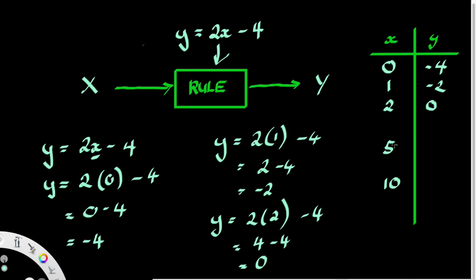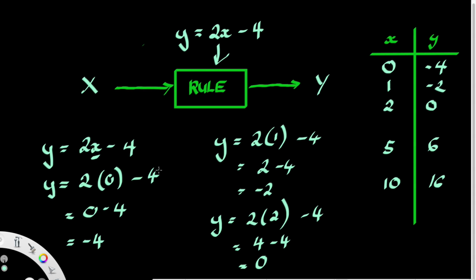We can probably do some of those in our head. When x equals 5, it'll be 2 times 5, which is 10. 10 minus 4 is 6. And if x equals 10, 2 times 10 is 20. 20 minus 4 is 16. And so there is our table of values that we've generated using this rule, this equation, which is the instruction for this rule.